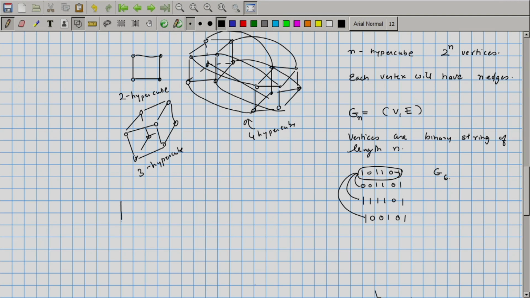So, let us just look at this carefully with respect to n equals 3.